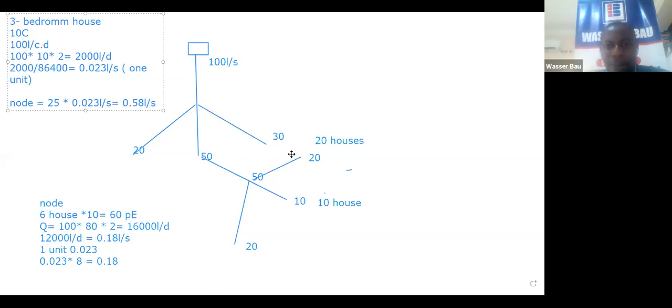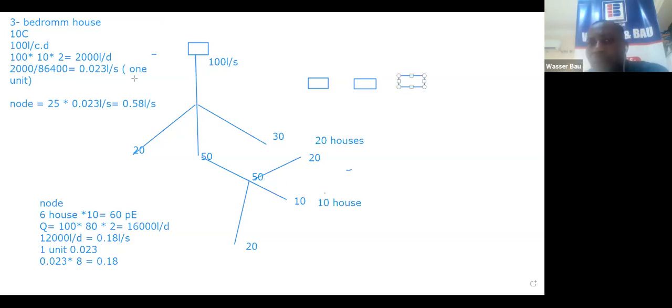Assuming this is a street. There's a house here. Just stay with me. It might look funny, but you're going to learn something from it. There are 3 houses here, and we have a water pipe passing through these houses.